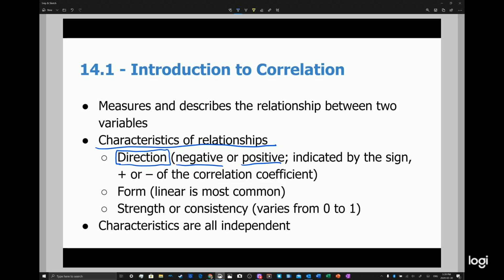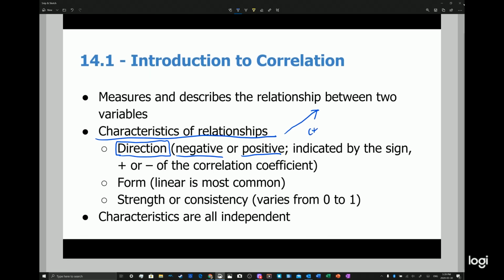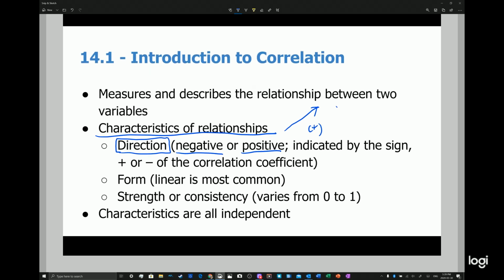Again, you may think of the slope formula, a positive slope or a negative slope, that's the direction of the relationship. If it goes uphill, there's a positive correlation. So let's put a plus sign there. If it goes downhill, then there is a negative correlation. Okay, it's not written here, but you'll see it later on.